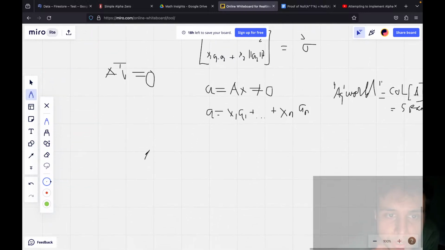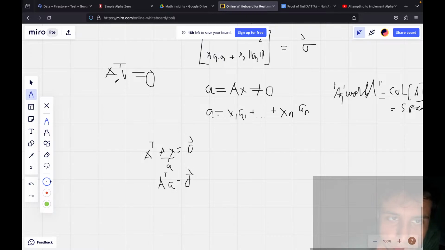So then that is Ax. And we're trying to get a contradiction from A^T Ax equal to the 0 vector. This Ax is just a, and it's in A's world, some linear combination of these vectors. So we have A^T a equals 0.